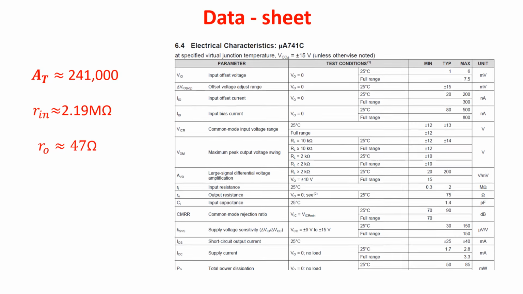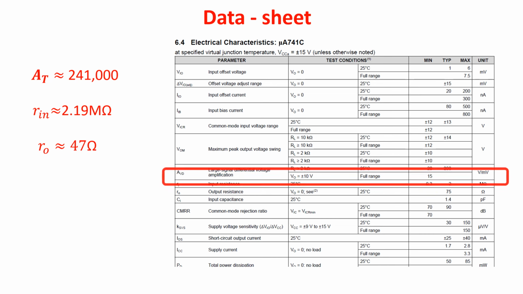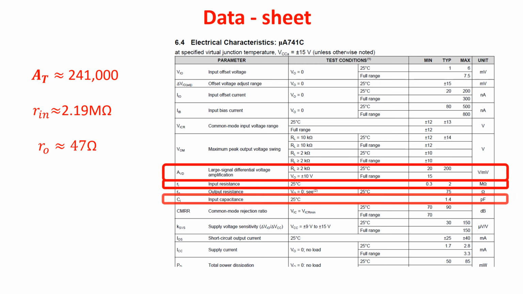Summarizing our most important results and comparing them with the datasheet, we see they are different. For example, we got 241,000 as total gain, but in the datasheet we see the typical value is 200,000. We got 2.19 megaohms as input resistance, but in the datasheet we see 2 megaohms. And we got 47 ohms as output resistance, and in the datasheet we see 75 ohms.